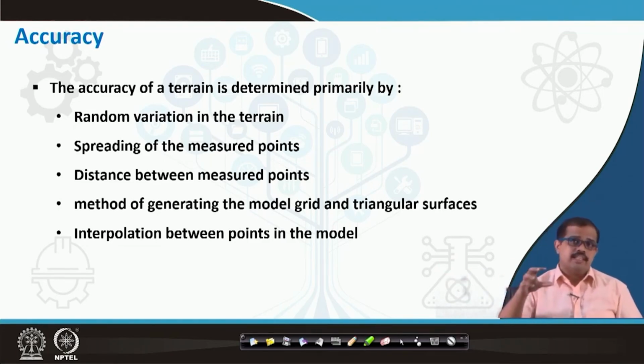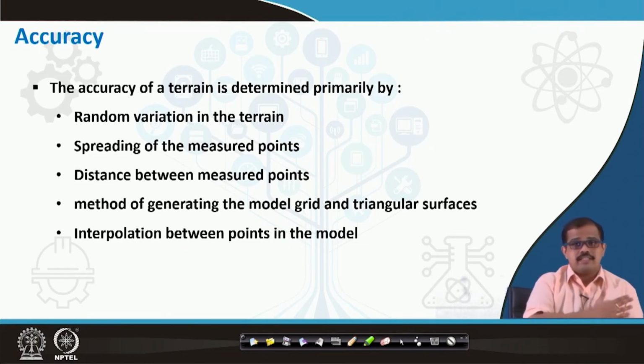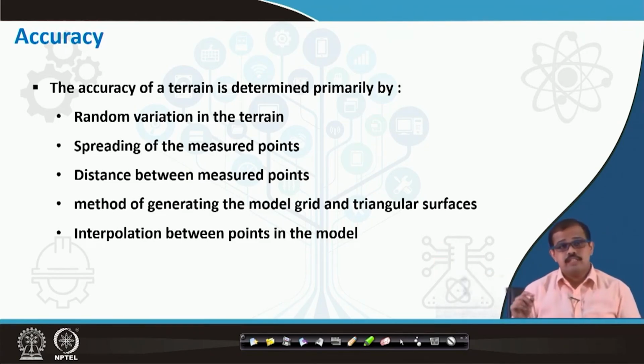For example, let us say there are only 3 points in the entire region that you are trying to model, and those 3 points are in one nook corner. What happens? The spatial variation is represented only in that corner, whereas other places will be given the same variation as the last point that you looked at.